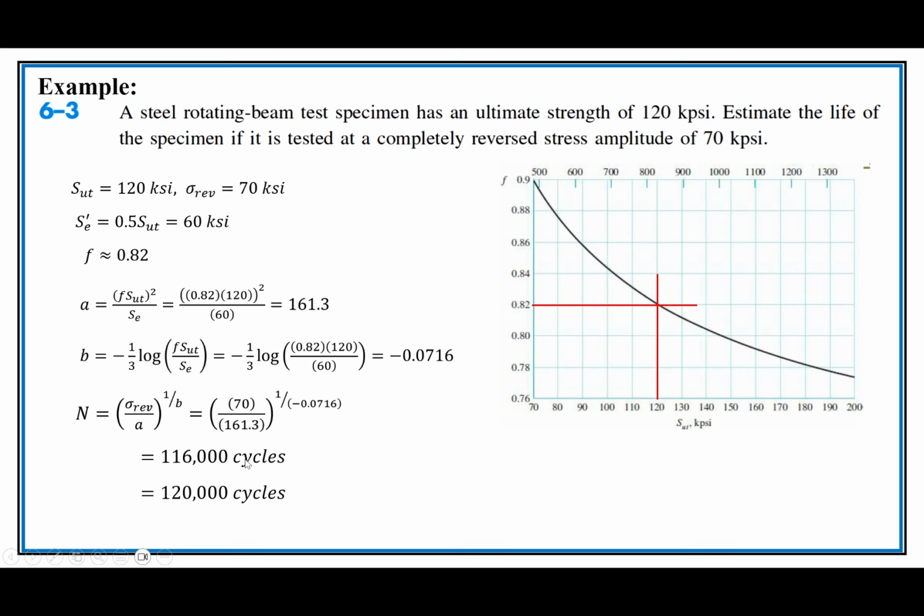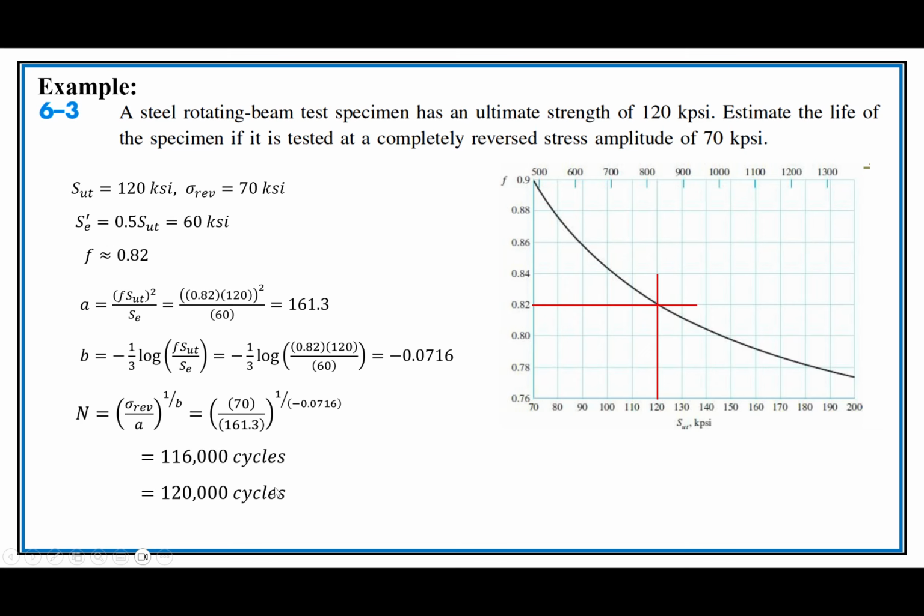116,000 cycles, which we should really just round to 120,000 cycles so that we don't imply we know more than we do. I would actually go with 1 sig fig if it wasn't going to be so many circumstances where that would be too much of a round off error, right?